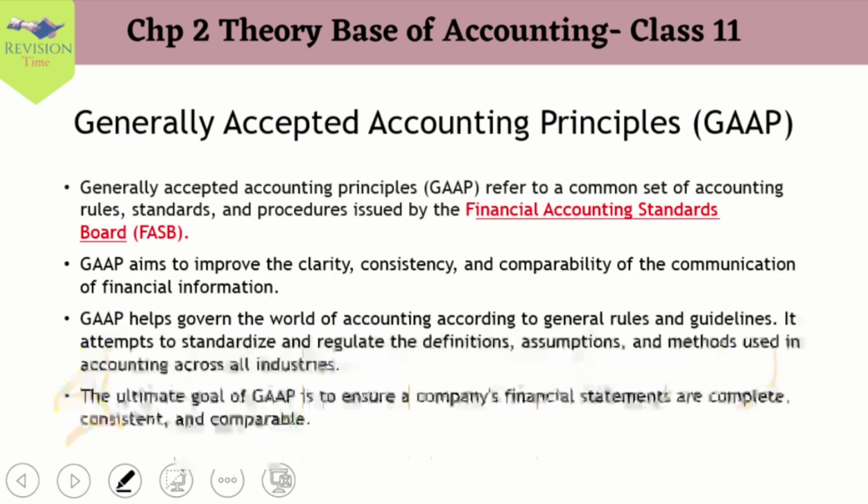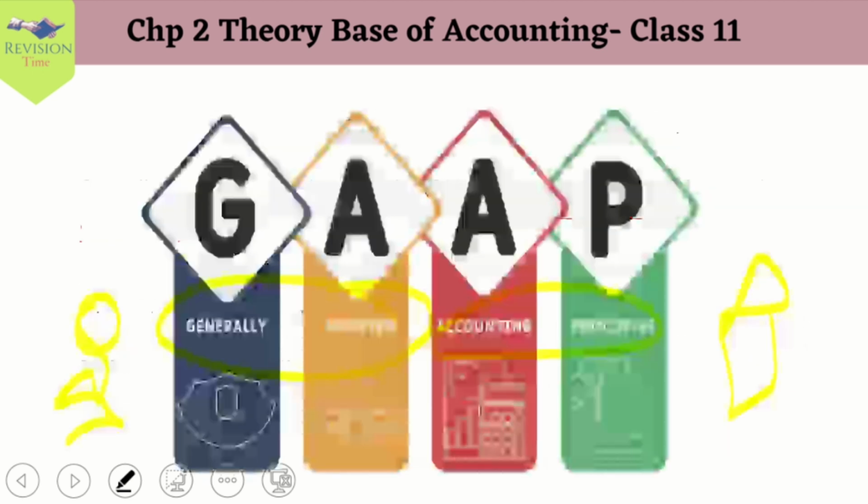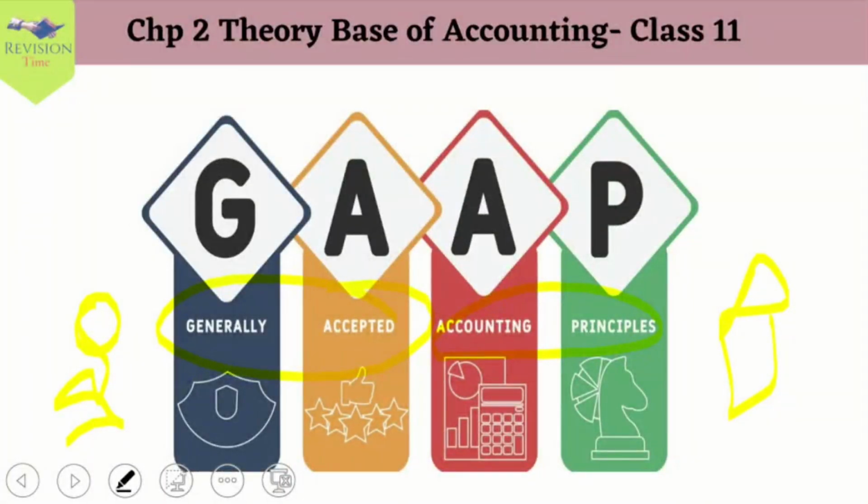To eliminate this disadvantage, GAAP was introduced. Generally accepted accounting principles came into existence so that any person residing in India, Pakistan, Nepal, USA, wherever it is, when the accounting information is prepared based on globally accepted rules, it helps us understand and brings consistency and uniformity.